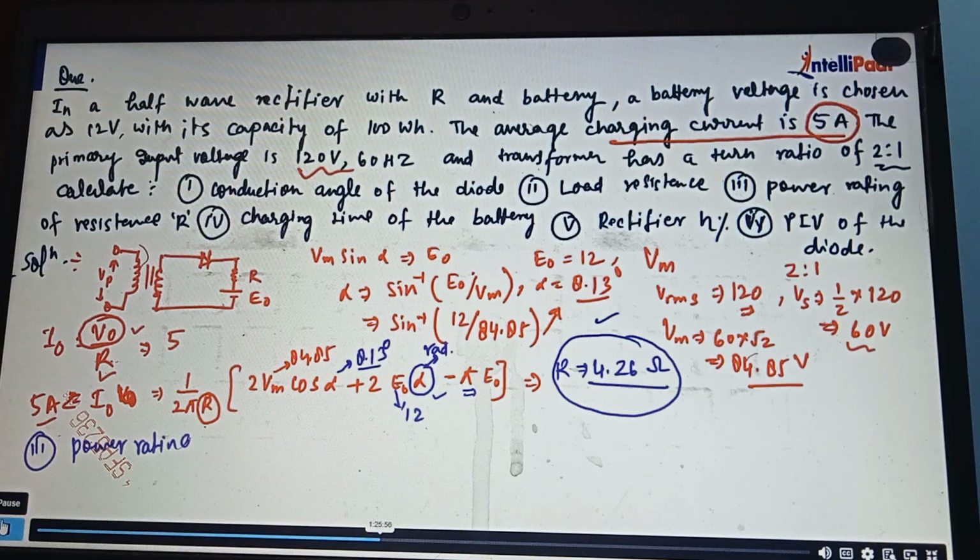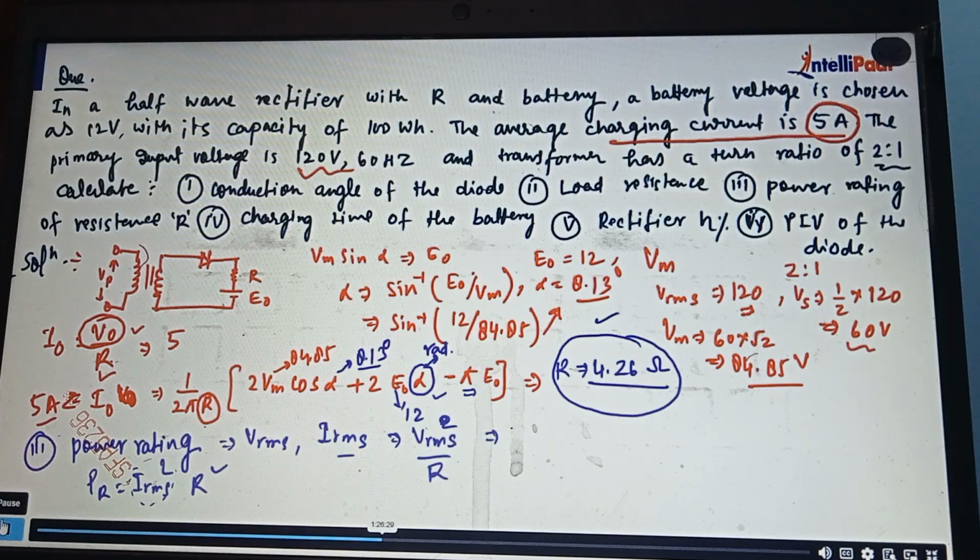Generally, when we are talking about the power rating, we are not taking the average power. We are talking always about the VRMS and IRMS. So in this case, we have to calculate this IRMS. PR, we can say power rating PR, that is IRMS square into R. So R already known, now need to calculate IRMS. If you want to calculate IRMS, we have to calculate VRMS divided by R. Correct?